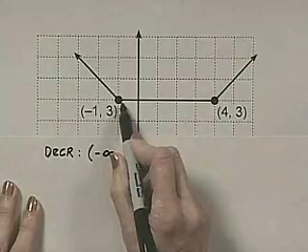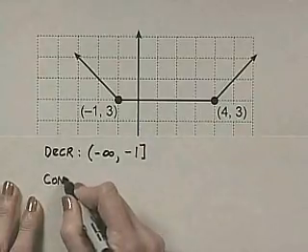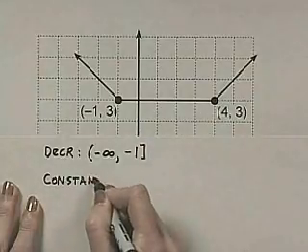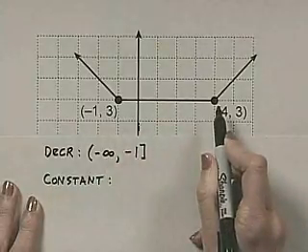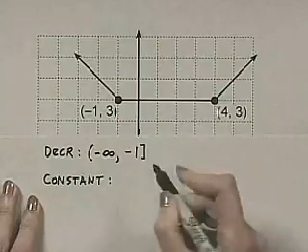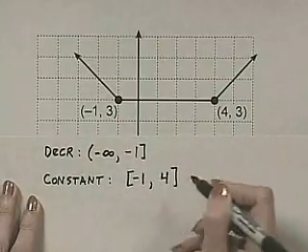Then we notice that we have a section of the graph moving left to right which remains constant. We write down that interval from this x-coordinate to that x-coordinate, and that's going to be from -1 to +4.